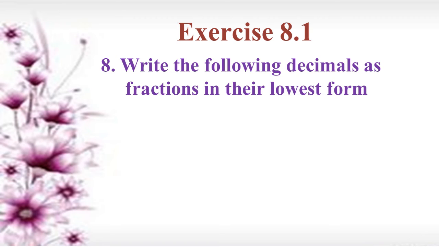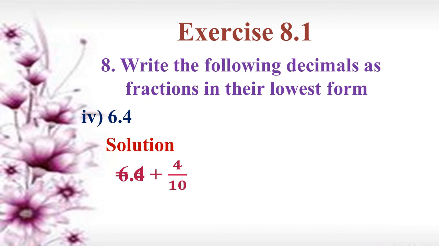Write the following decimals as fraction in their lowest form, that is 6.4. Now we want to find the answer, isn't it? So 6.4 means 6 is a whole number, that means integral part, and 4 is the decimal part. So we can write 6 plus 0.4, that is 4 by 10. So here we have whole number and fraction, so we multiply the whole number by the denominator, then add the numerator.